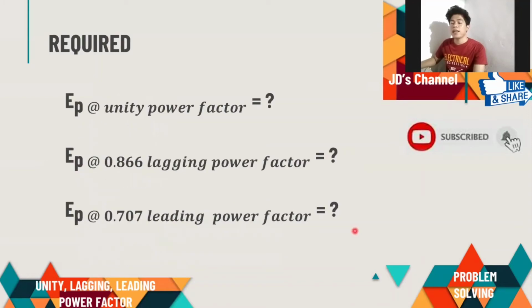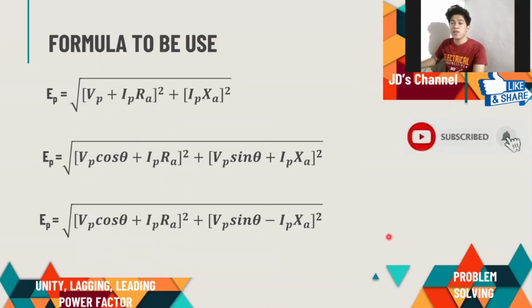For the required, we are going to find the generated EMF per phase at unity power factor, generated EMF per phase at 0.866 lagging power factor, and generated EMF per phase at 0.707 leading power factor. For the formulas, this one is for unity power factor, yung na-discuss natin kanina.